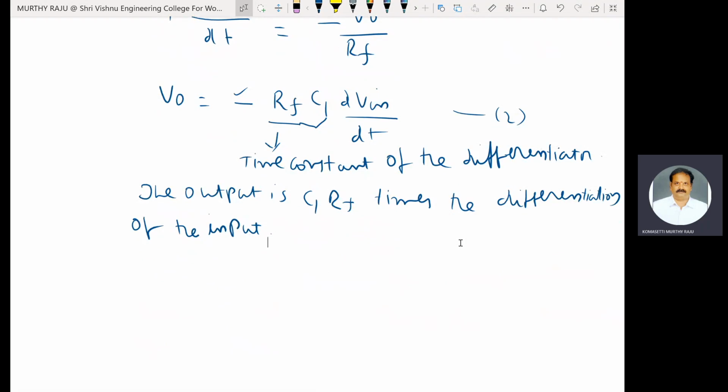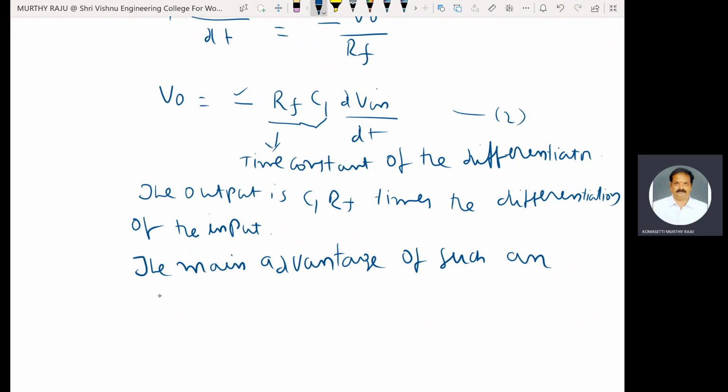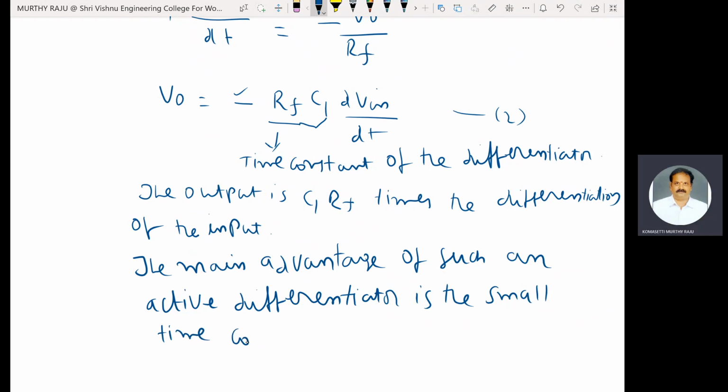The main advantage of such an active differentiator is the small time constant required for differentiation.